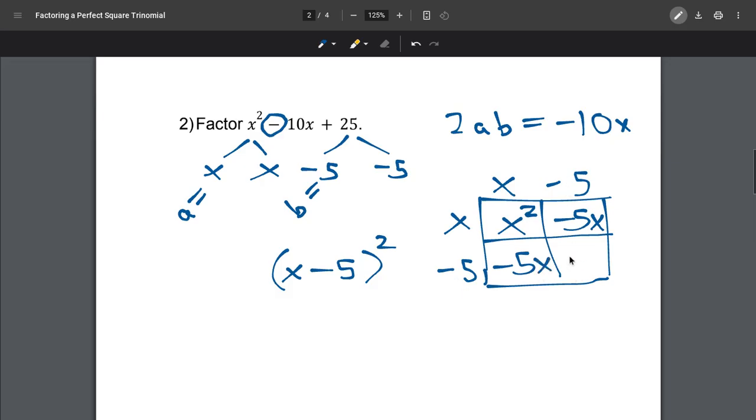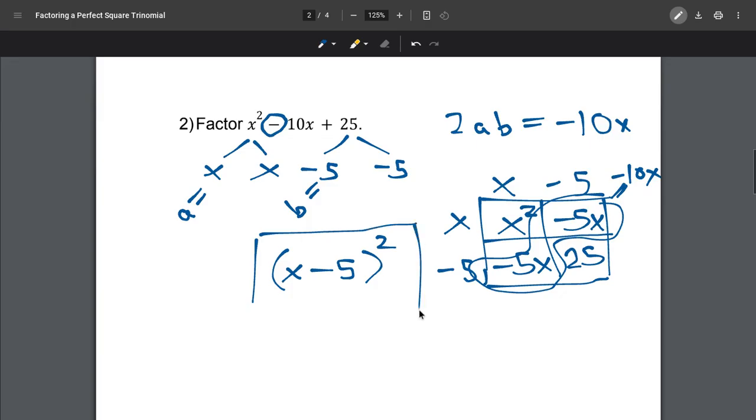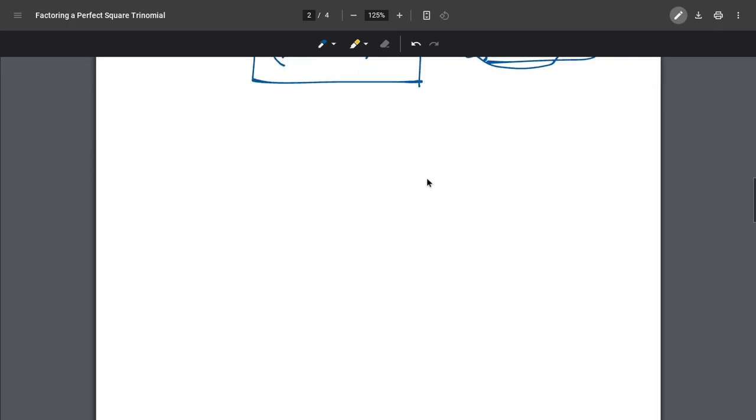And negative 5 times negative 5 is positive 25. These two terms here add to negative 10x, the middle term. So we get x squared minus 10x plus 25. So that confirms that x minus 5 squared is the correct factored form of x squared minus 10x plus 25. All right, let's try another one.